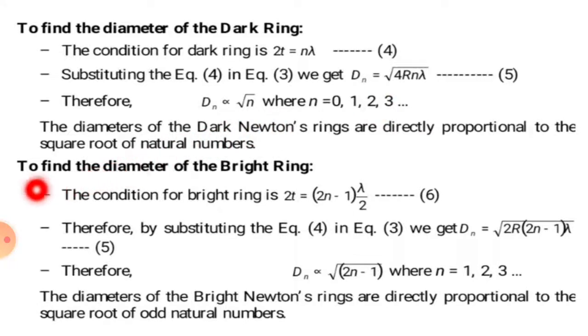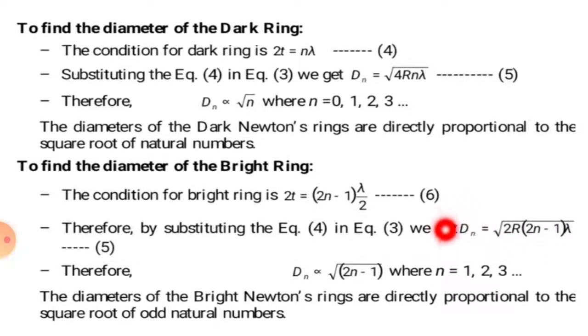Now we will find out the diameter of the nth bright ring. Already we found the condition for the bright ring is 2t equal to (2n minus 1) into lambda by 2. Here t is replaced by r square by 2R. Then we get the final expression D equal to square root of 2R lambda into (2n minus 1).